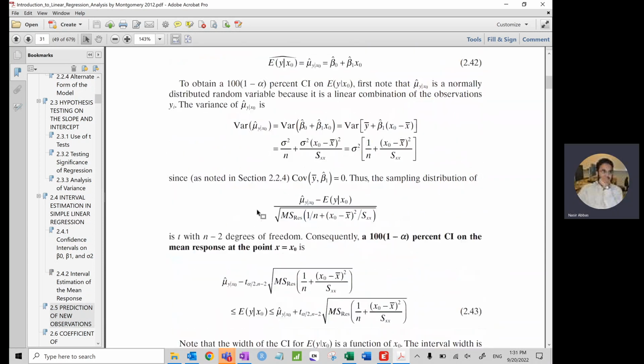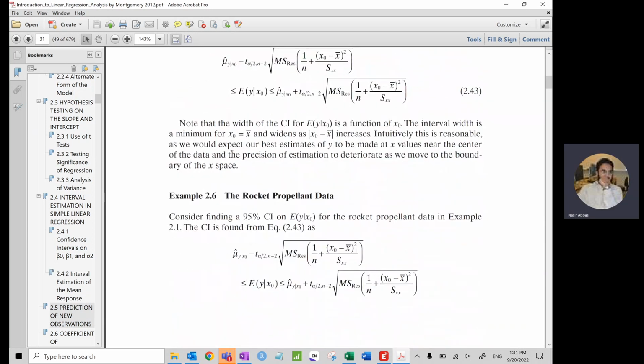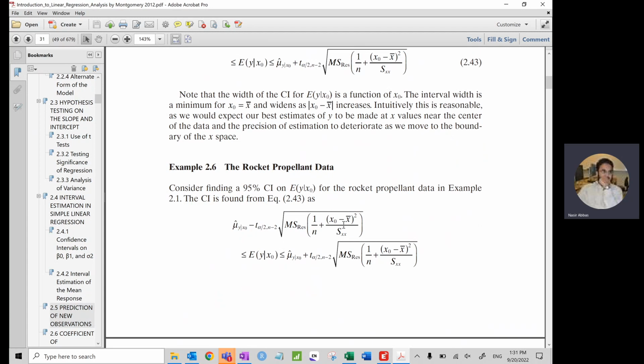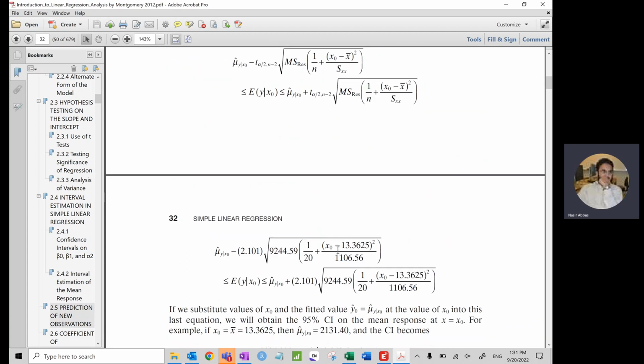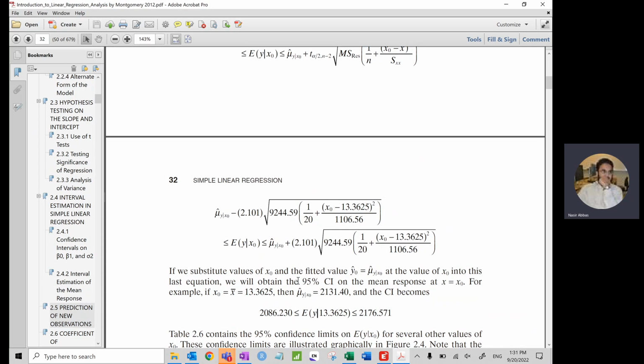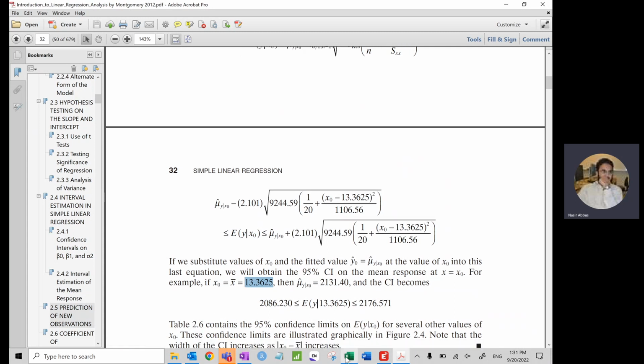Yes. Here. Oh, that's a comment. I will come to that comment. But in this example, what is the value of x naught they are using? X naught minus this. If we substitute x naught and the fitted value into this, we obtain, for example, if we, yeah. So let us take this value of x naught and compare our confidence interval.